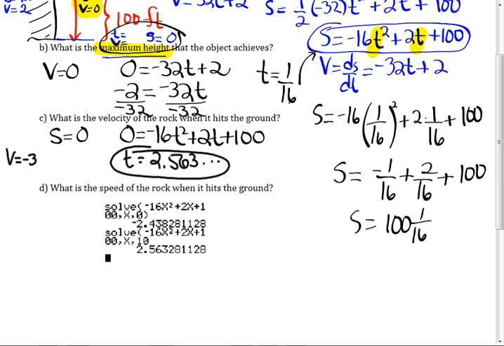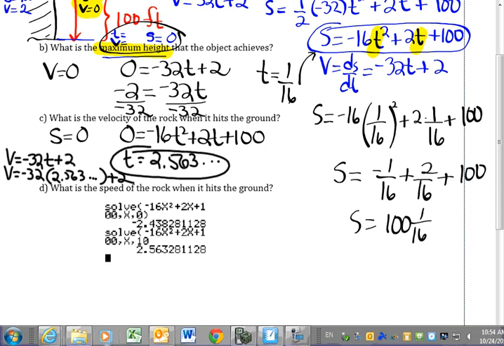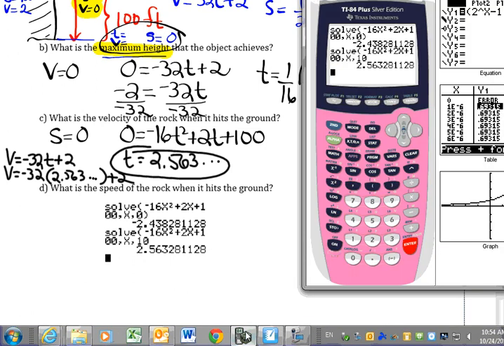Negative 32t plus 2. So I want to put this in. V is equal to negative 32 times 2.563 plus 2. So how do I do that easily on my calculator? I don't want to type in that nasty number because I'm lazy. And I'll do it wrong.